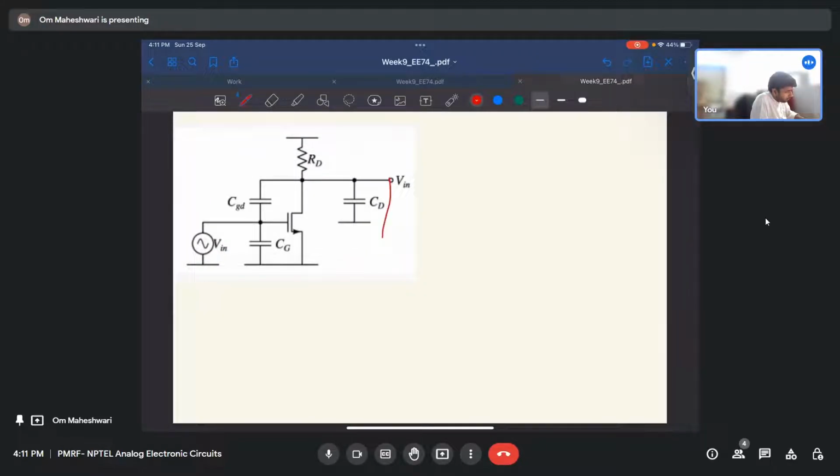So we will short this and this. So this capacitance will get shorted, so it will be zero, useless.